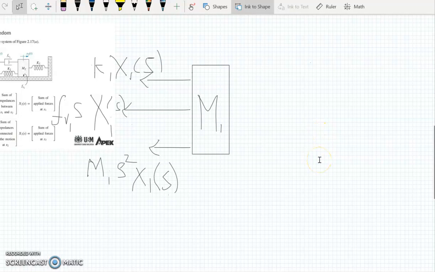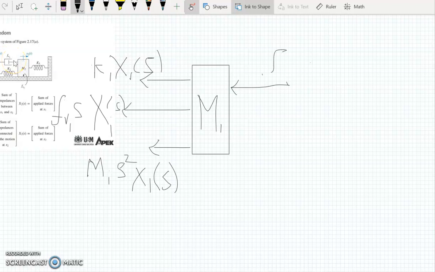So let's draw the damper here, Fv3, s, x1 s, as this is due to the motion of x1. I hope you understand my handwriting here. It's a bit awful, but hopefully you can bear with me.